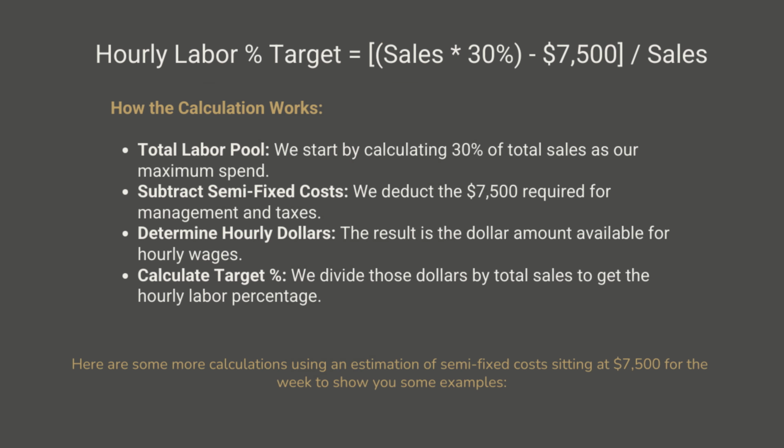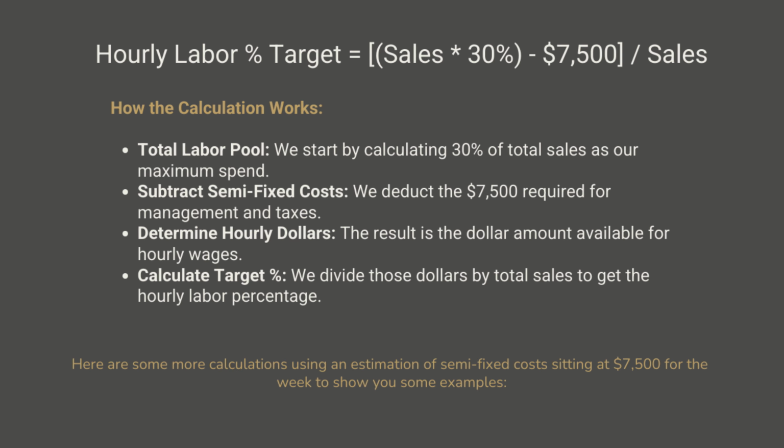This formula helps managers determine what hourly labor percentage they should run based on projected sales while still maintaining the overall 30% labor goal. First, we calculate 30% of total sales to determine the maximum labor dollars available. Next, we subtract the semi-fixed costs. In this example, $7,500 for management salaries and payroll taxes.